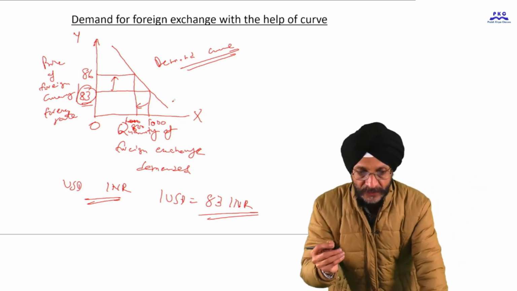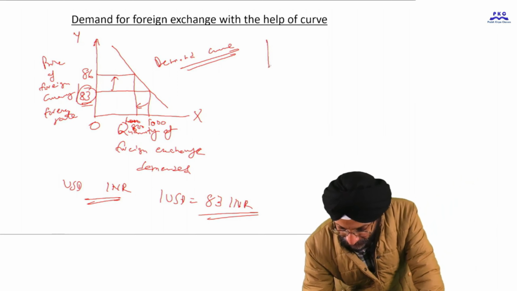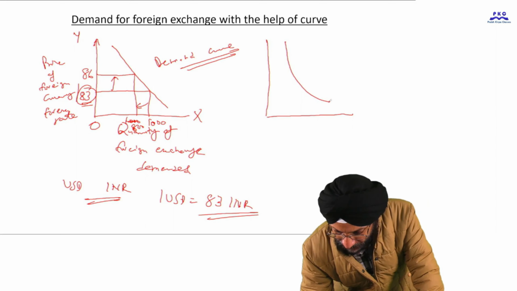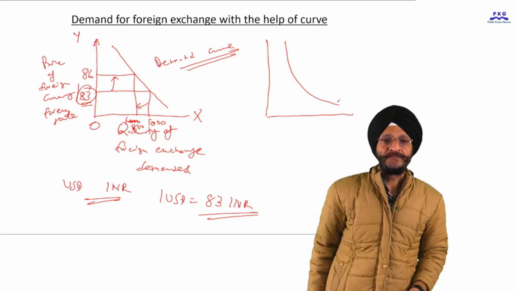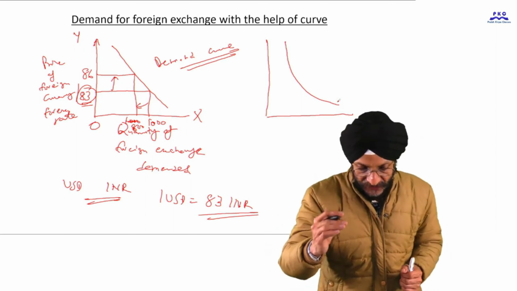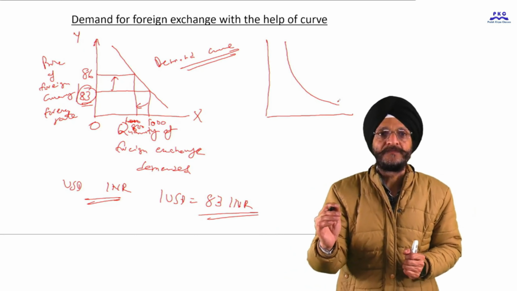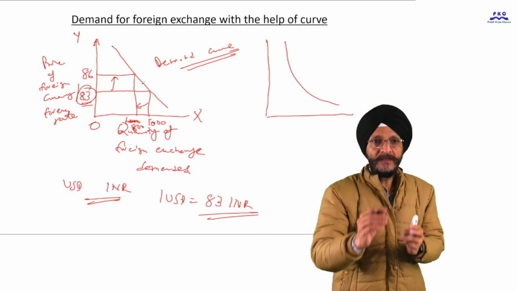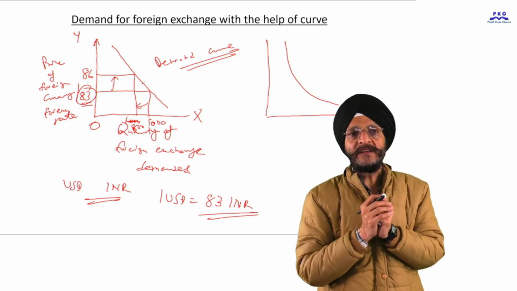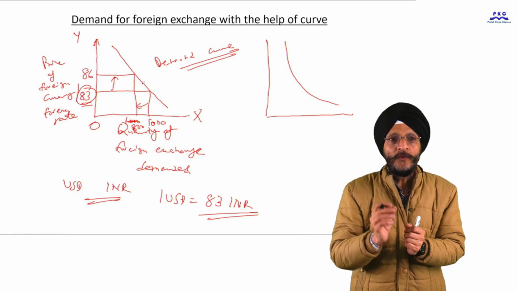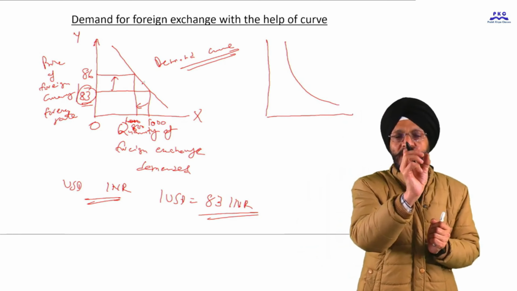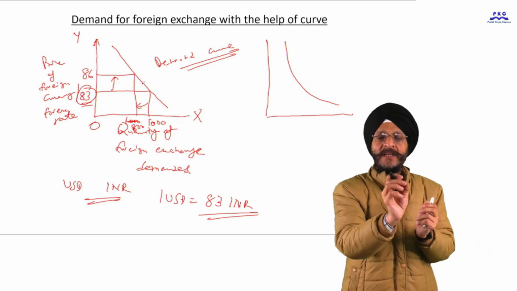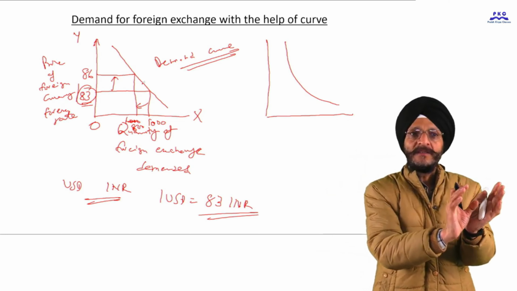But in reality, the demand curve may be in this form. It is somewhat in the form of a curved line. If we keep the demand curve as a straight line, it means that for every proportional increase in price, there will be a proportional decrease in demand.